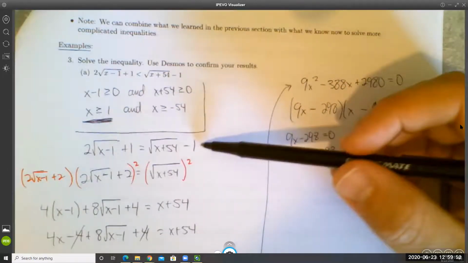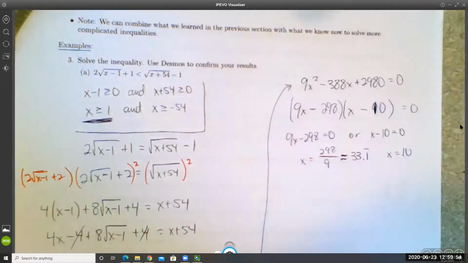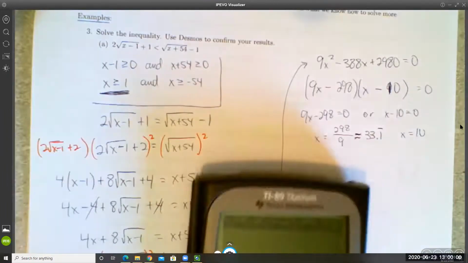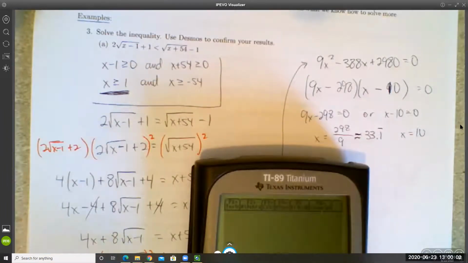So if I plug them in to this original equation, I'm just going to use my calculator. If I plug in 298 over 9, I get 2 times the square root of 298 over 9 minus 1, plus 1. That equals 37 over 3.